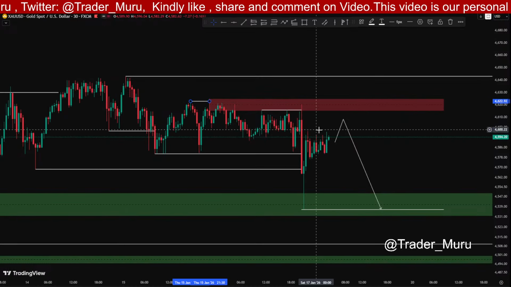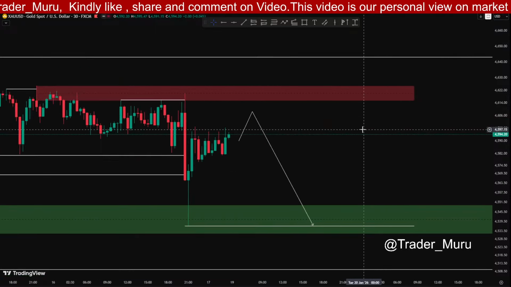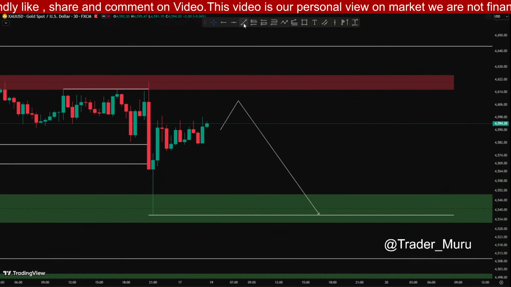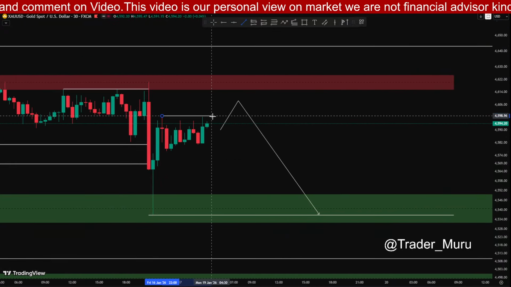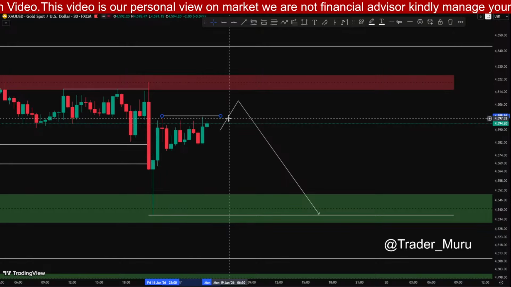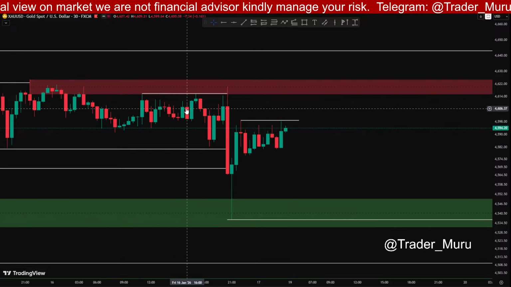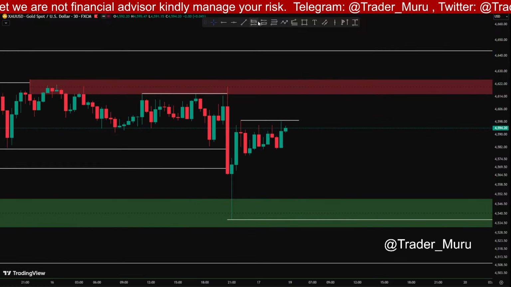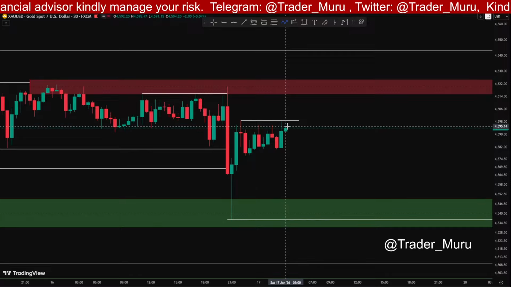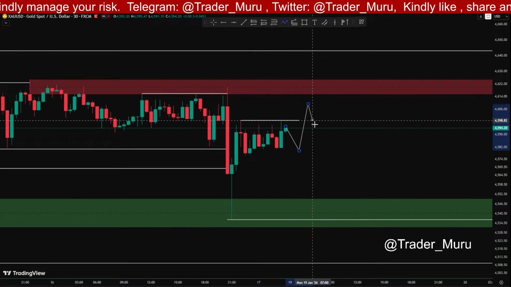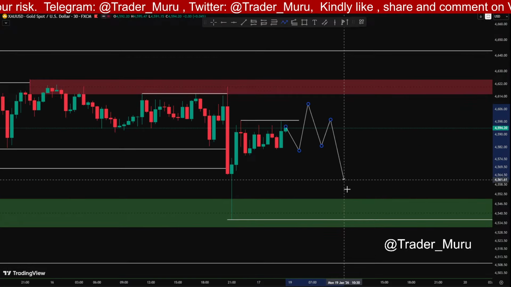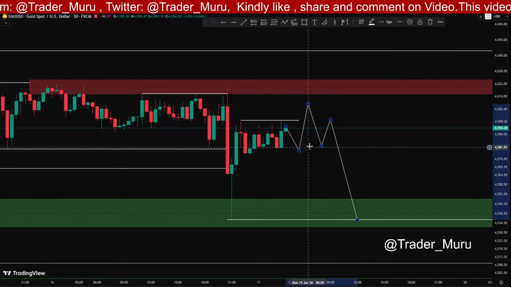It will create liquidity and sweep it. Do we have any liquidity here? Yes, we have these equal highs. So price is creating liquidity here just like this. It will again drop a bit, then sweep this high, reclaim it, retest and drop. This is the possibility.